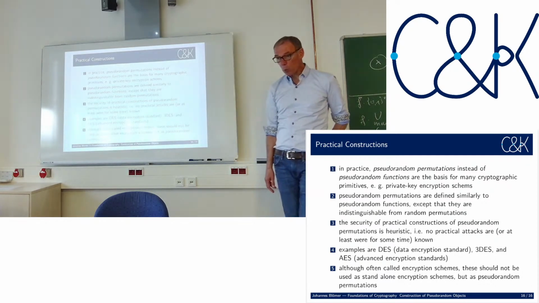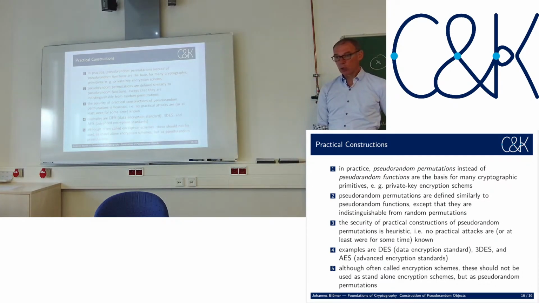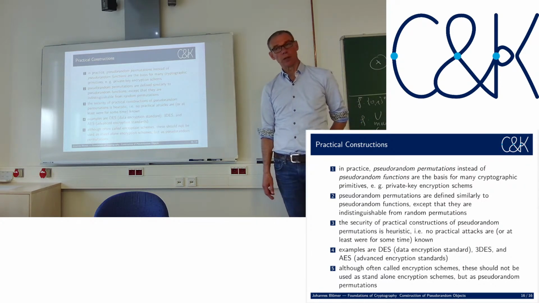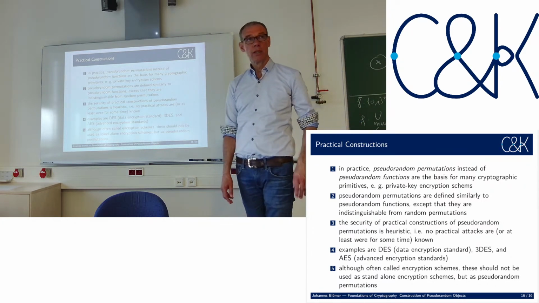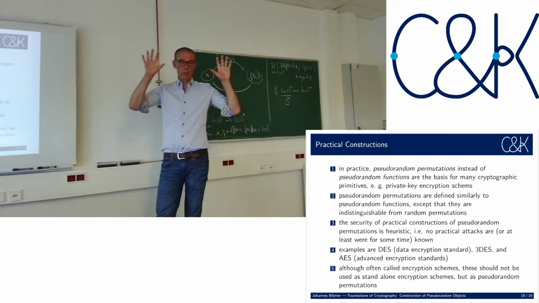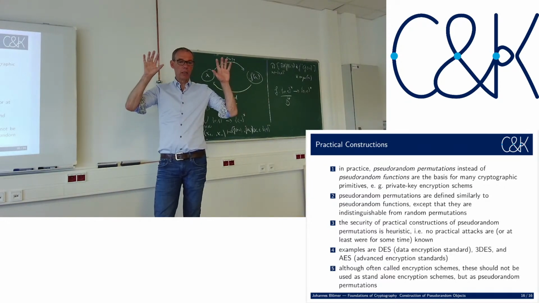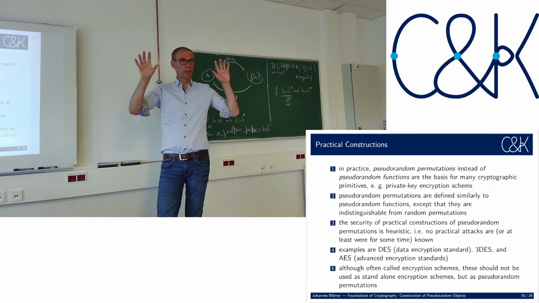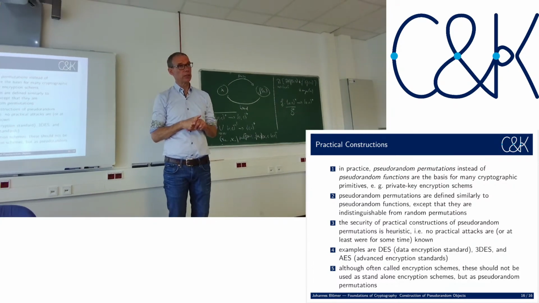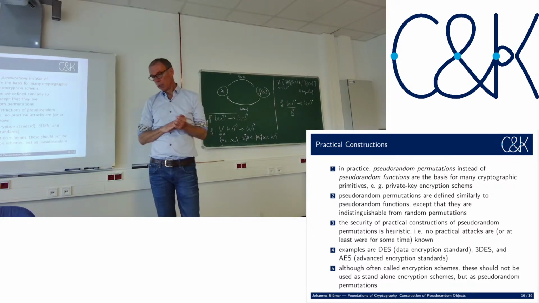Okay, and with this, we are going to leave the area of symmetric or private key cryptography. Private key or symmetric cryptography always assumes that we have shared secret keys for encryption schemes or for message authentication schemes. We saw that.